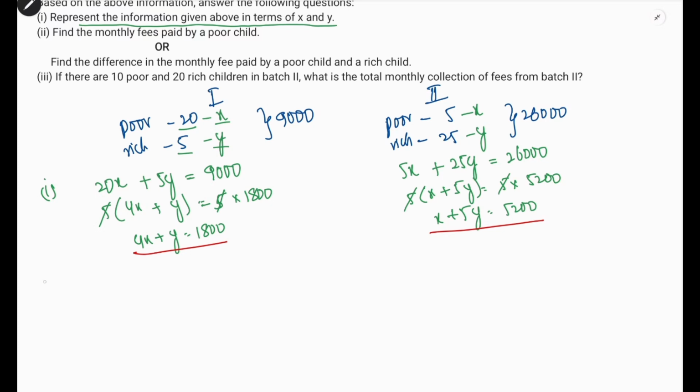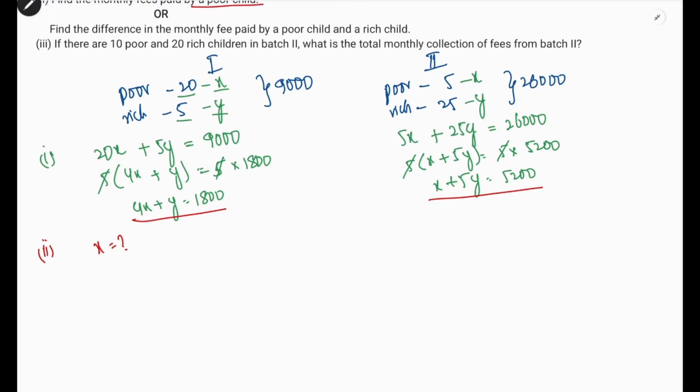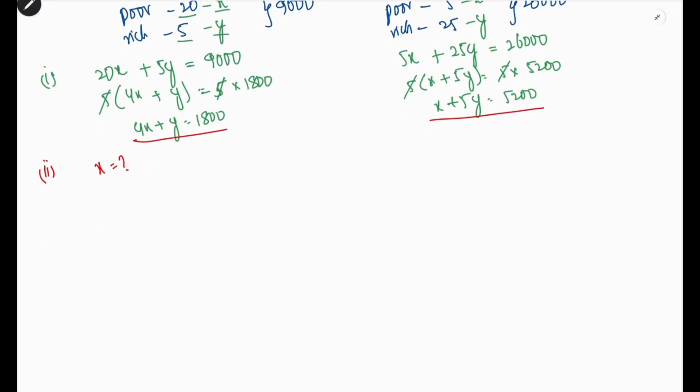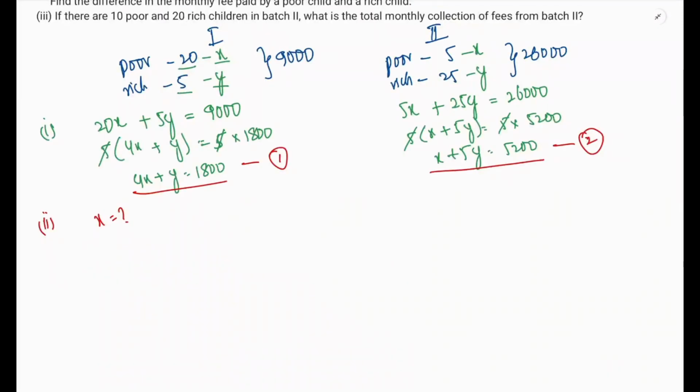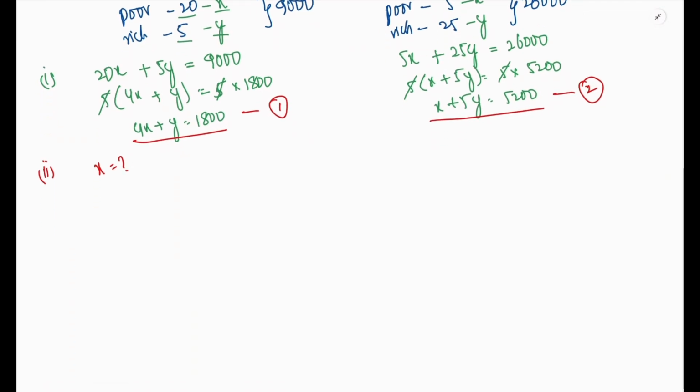What is the second one? Find the monthly fee paid by the poor child. So we have to find the x value. We have two equations, and we can use either the elimination method or the substitution method. Here I will use the elimination method.